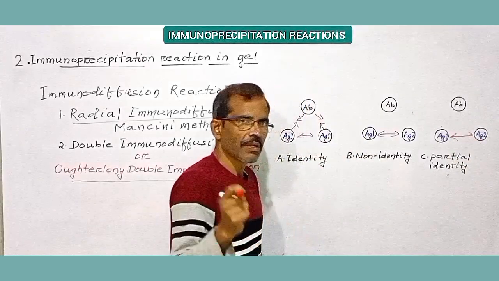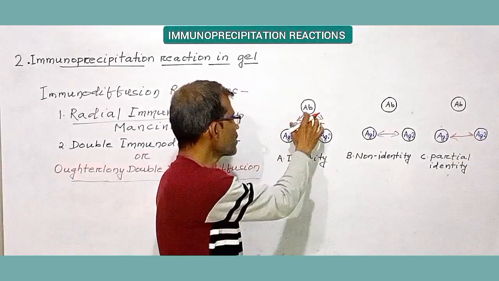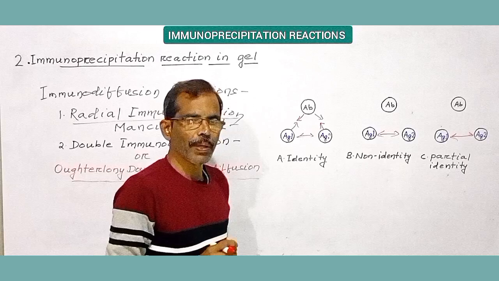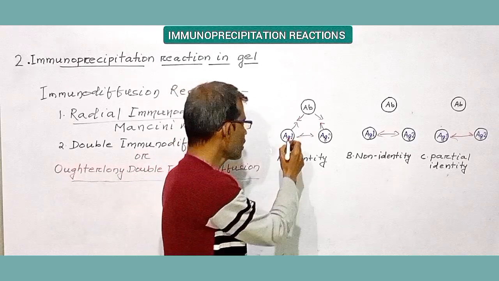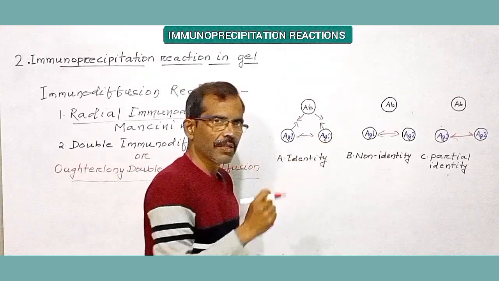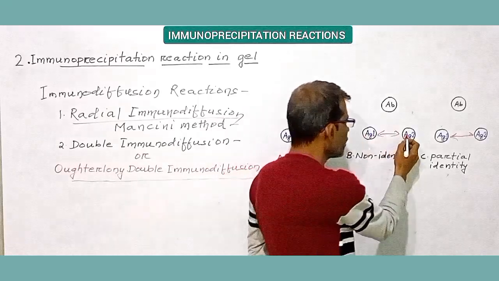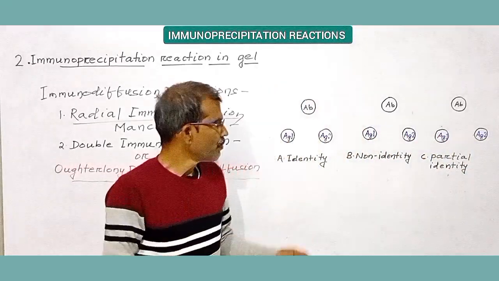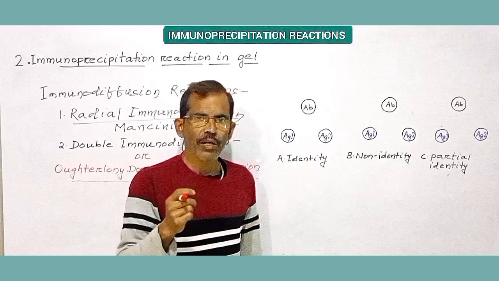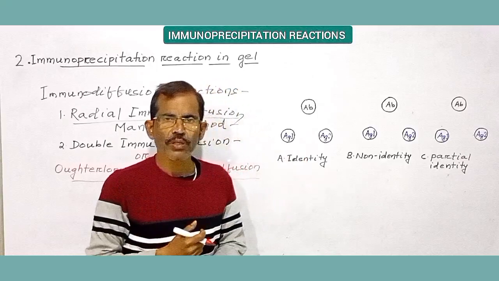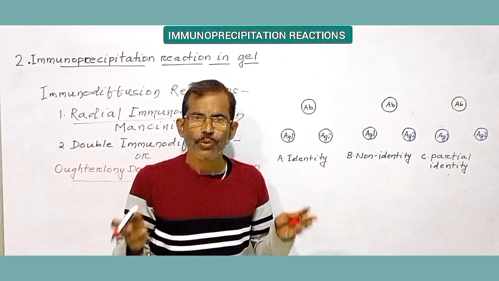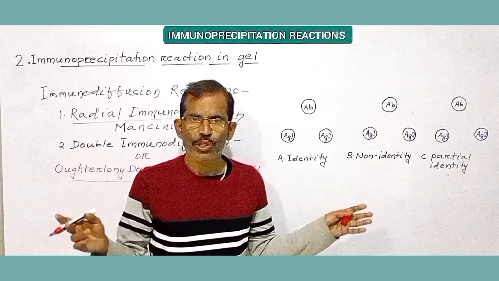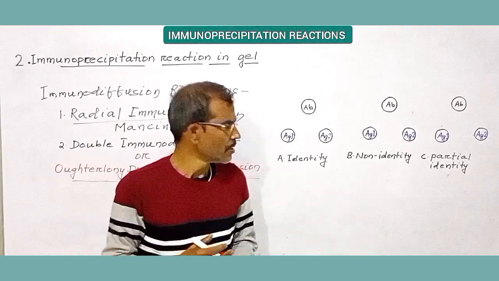Distinct precipitation lines are formed against the same antibody depending whether the two antigens are identical, non-identical or partially identical. This figure illustrates how double immunodiffusion can be used to analyze relationship between two antigens.